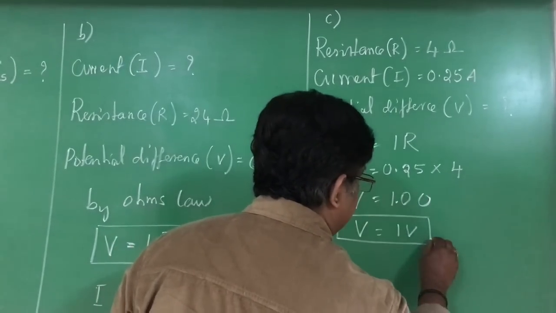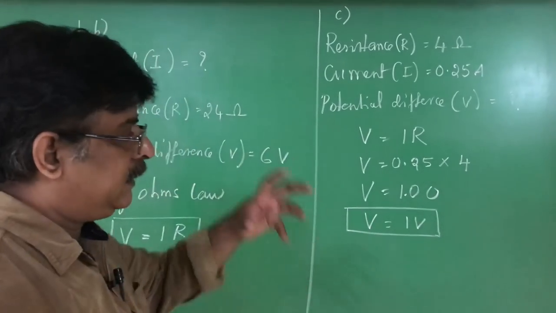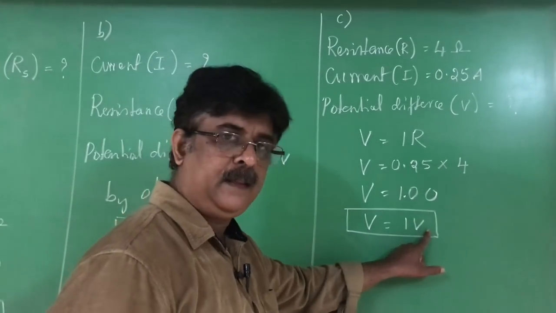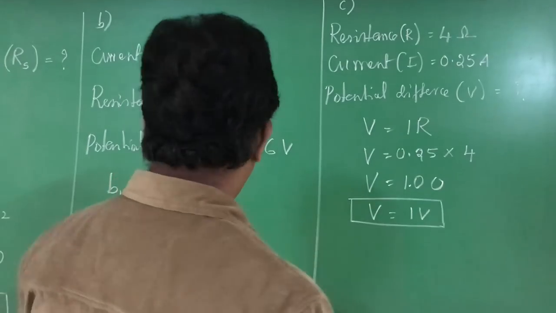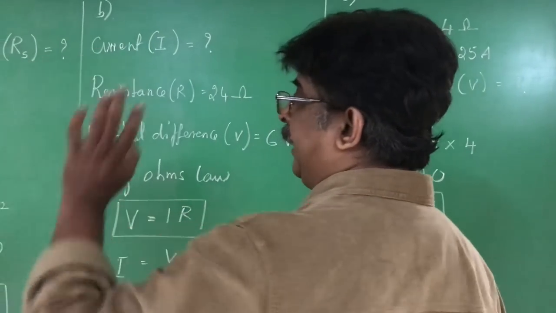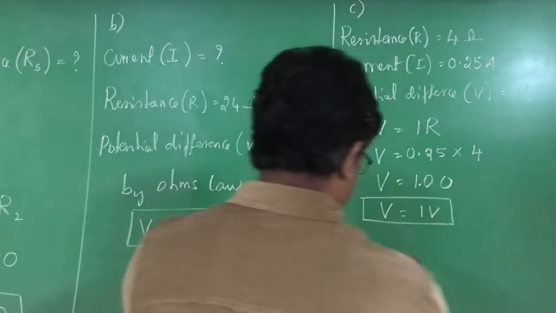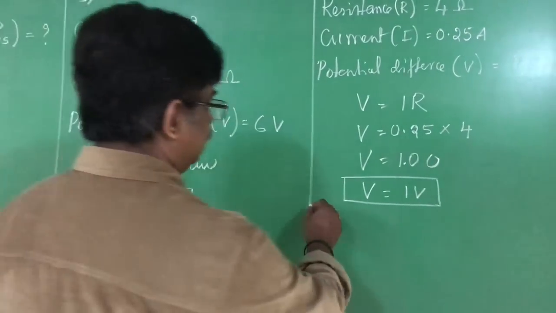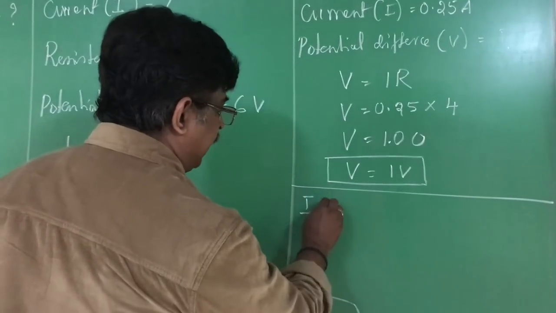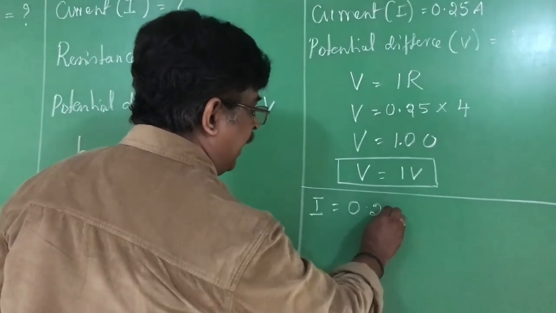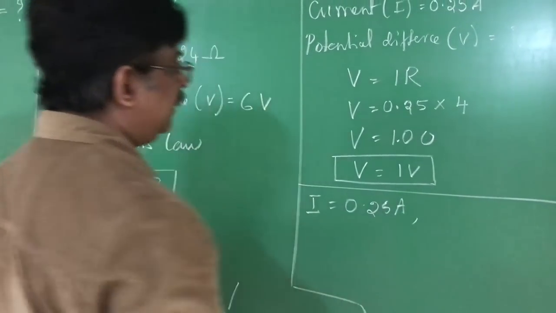The voltage in the resistor is 1 volt. Now I want to calculate, using the same concept, the voltage of the 20 ohm bulb. I do it here only. The formula is what? See, I is calculated as 0.25 ampere, right?